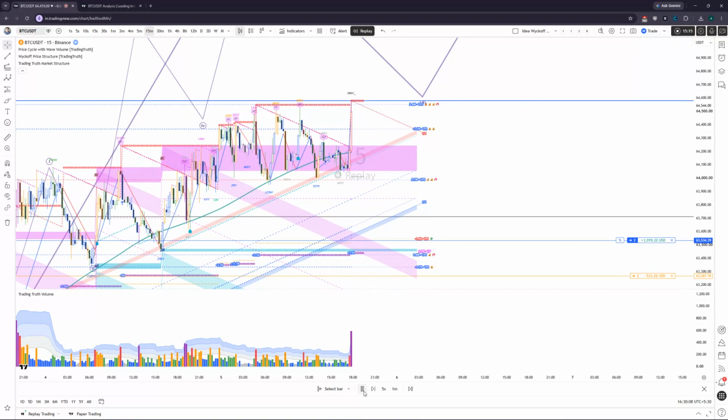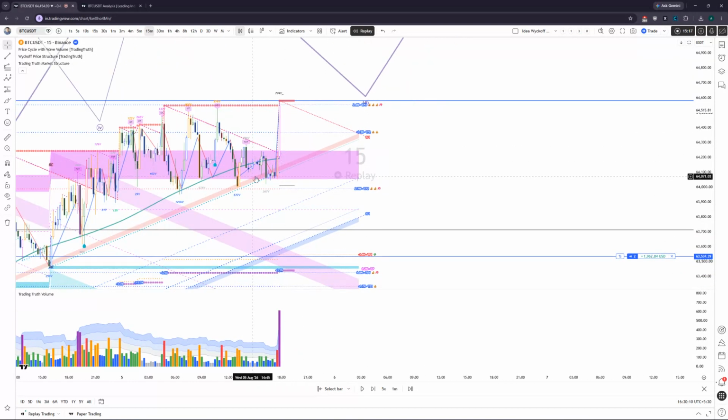See, boom, there you go. As soon as it overcame that, this was your descending triangle. See, A, B, C, D, E, right? Market just goes up there after it broke that resistance.